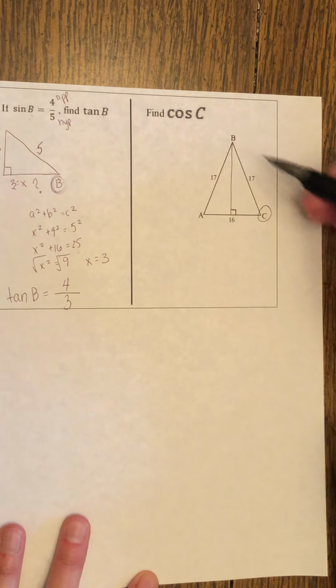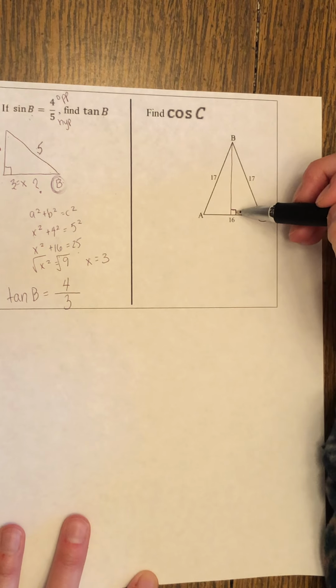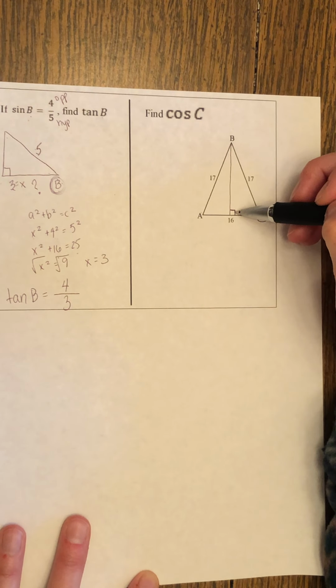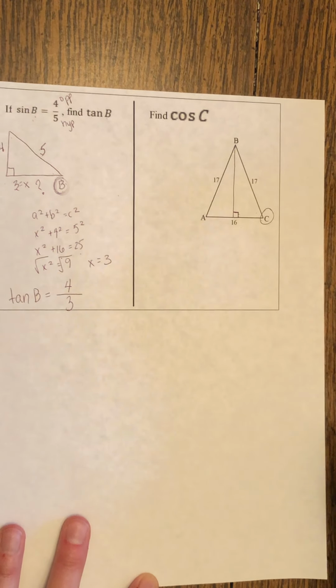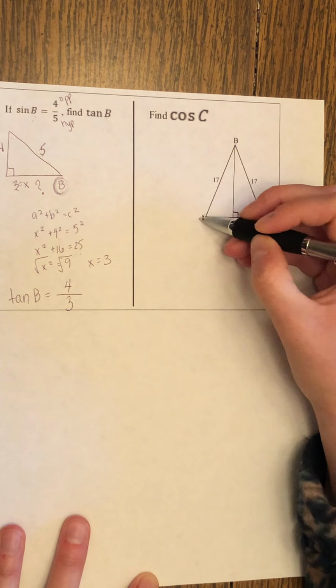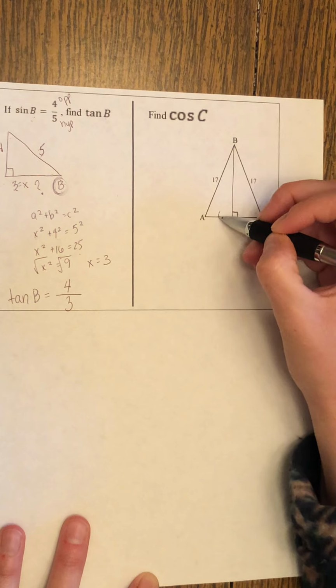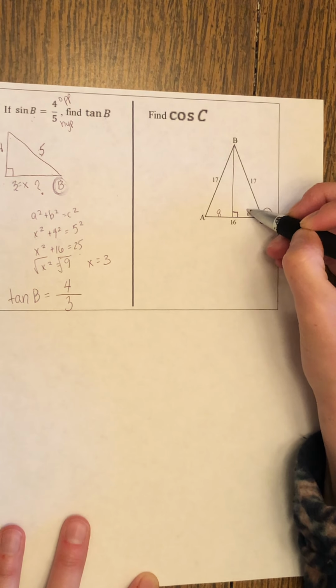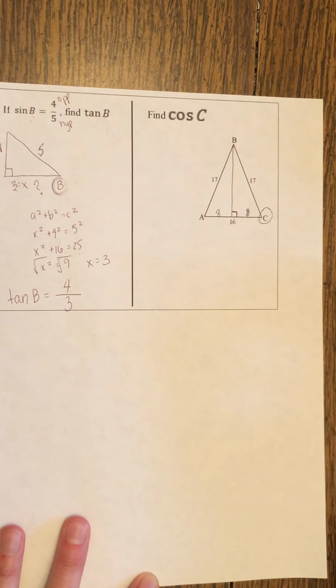And I'm going to drop it so that it does form a right angle down here. What is going to happen when I do that is it's going to split this side in half. So if this entire side is 16, it's going to be 8 and 8 on each side.